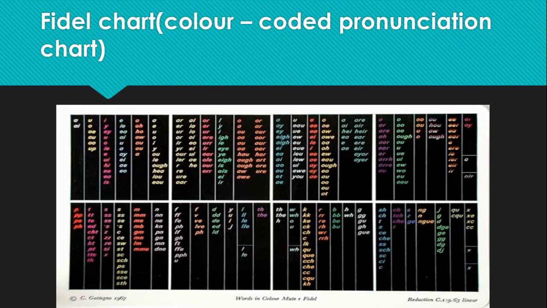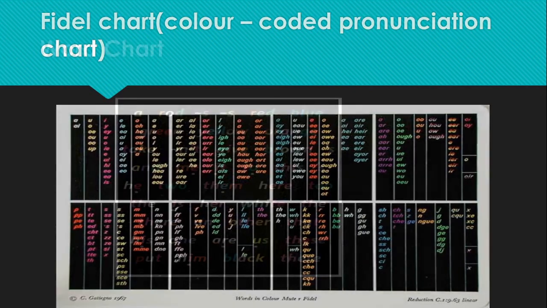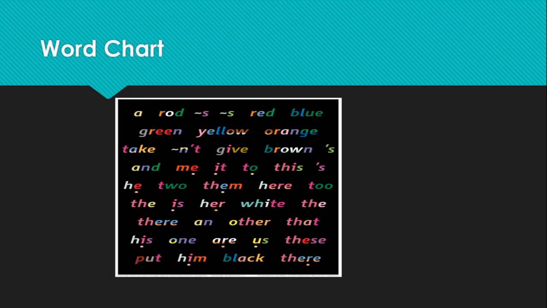This is the picture of the Fidel chart. In this chart, all the sounds which are pronounced in the same way will have the same color. Okay, so that is the Fidel chart, and this is the word chart.